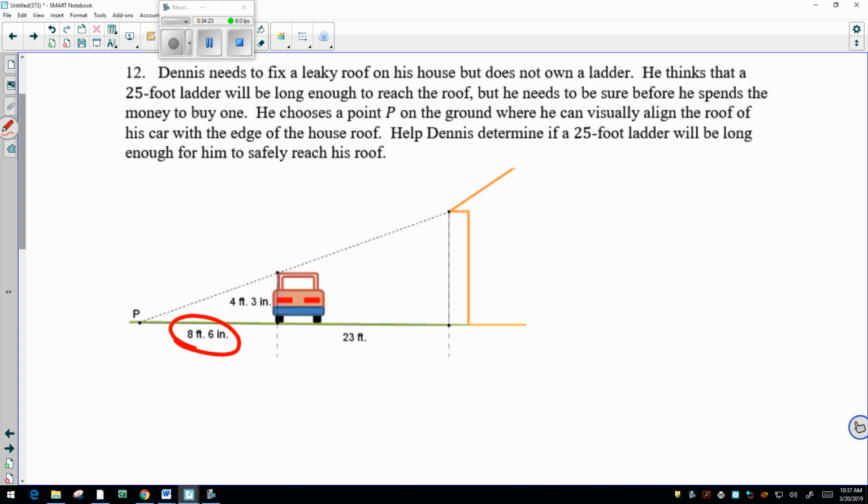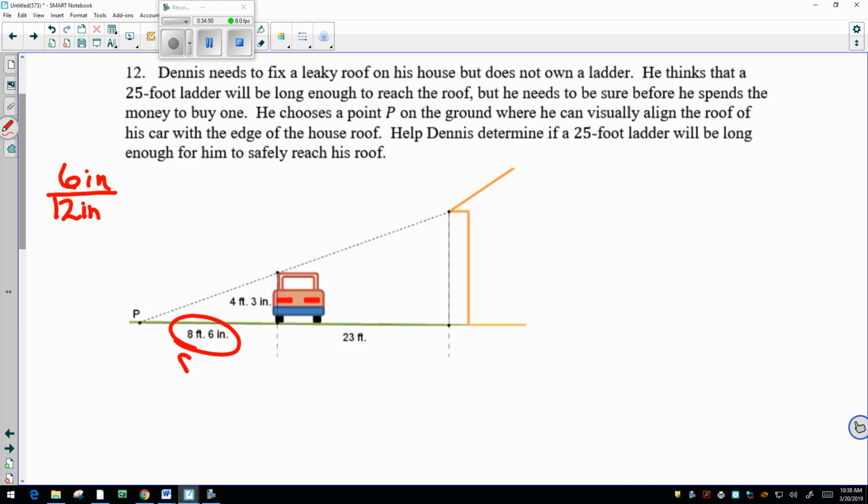Notice how they've given us this information. 8 feet 6 inches. Please do not write that as 8.6. I know that that's what we want to do. How many inches are in a foot? 12. So what is that really representing? 8.5. Because 6 inches out of 12 inches total for 1 foot.